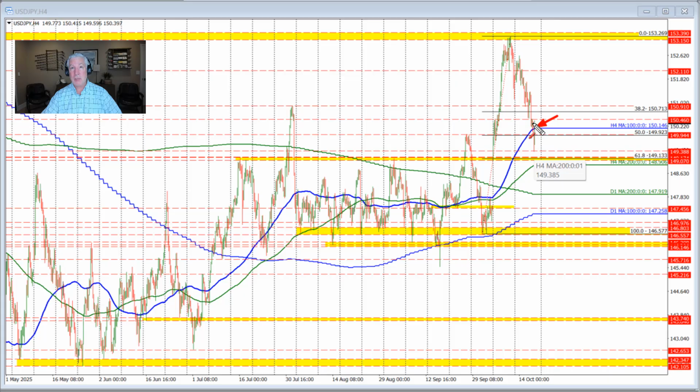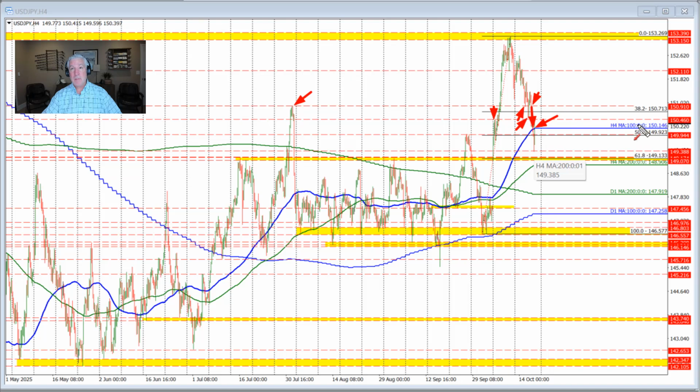We're back near unchanged on the day in this pair, and looking toward the 150.46 level, which happened to be this low right here, or this high right there, and near the low right here. So 150.46 to 50-ish type area is the next key target on the top side. If we get above that level, then we'll start to look toward this high price. In trading earlier this week, I should say, I guess it's more of Wednesday, we came down to that level, found support buyers initially, then broke through it, and then moved back above it in trading through yesterday before deciding to break to the downside here.